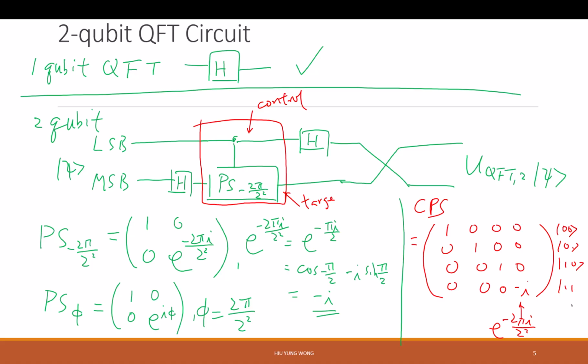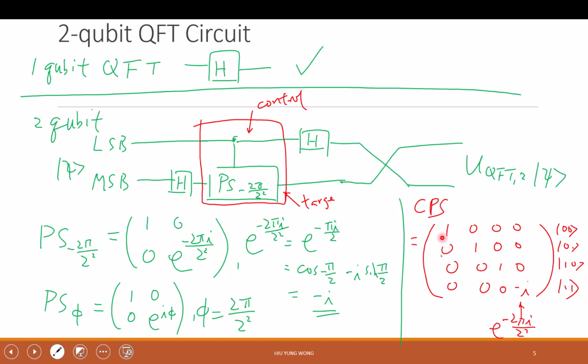So this is a very important concept. Are you okay with this? Anyone has a question? Why do I only have the phase applied to the last corner? Again, you don't apply the phase shift gate if the control qubit is 0. The control qubit 0 is for this row and this row.